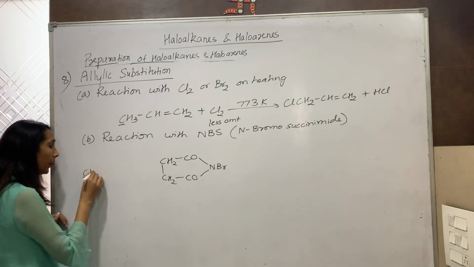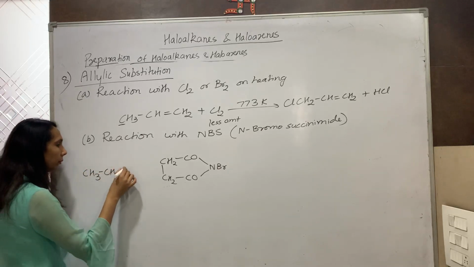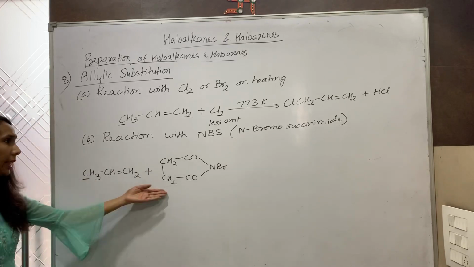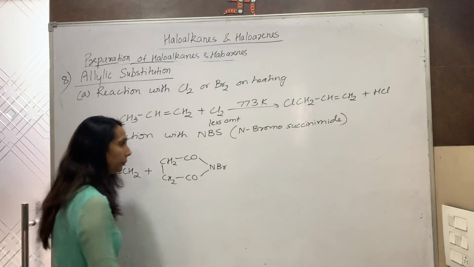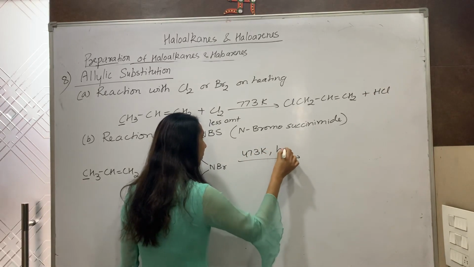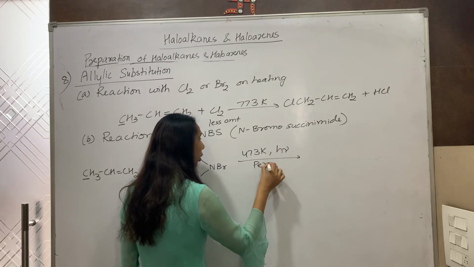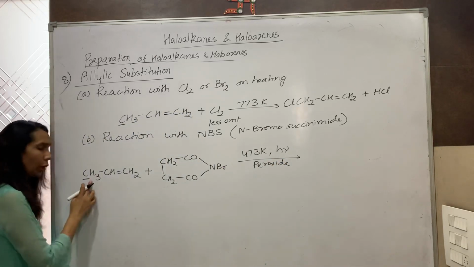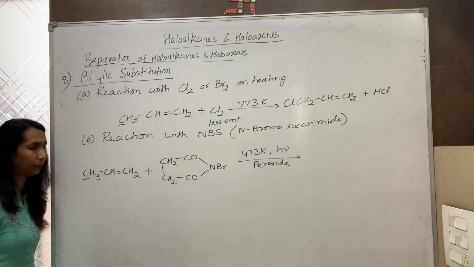Now when propene, having the allylic carbon, is heated with NBS at 473 Kelvin temperature in the presence of sunlight and peroxide, this Br substitutes the allylic hydrogen.